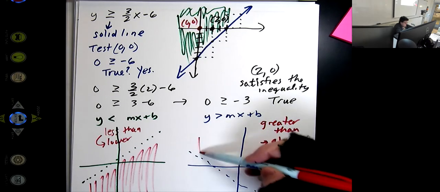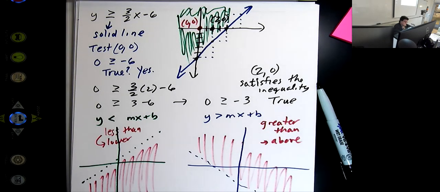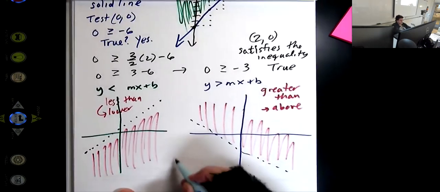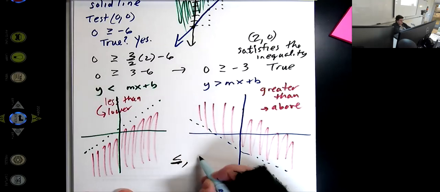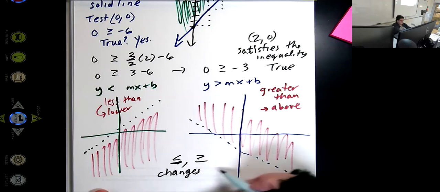So I will shade above that dashed line. And the only difference that doing less than or equal to or greater than or equal to makes is that it changes the lines to solid lines.